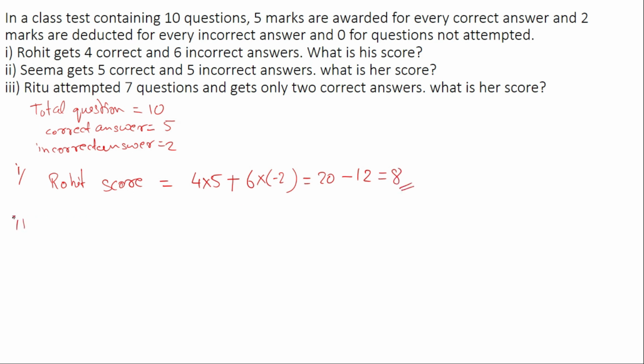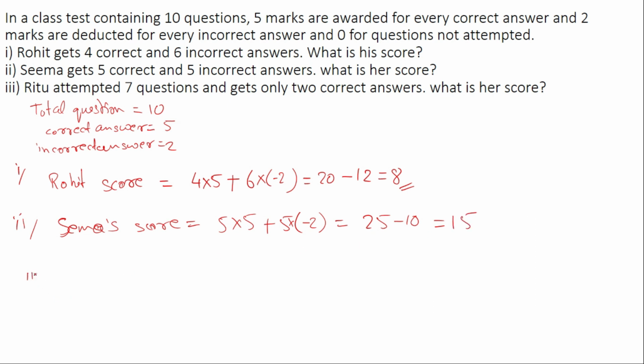Number 2, Seema gets 5 correct and 5 incorrect answers. So what is her score? So Seema's score is equal to 5 into 5 plus 5 into minus 2. That means 25 minus 10, it will be 15.